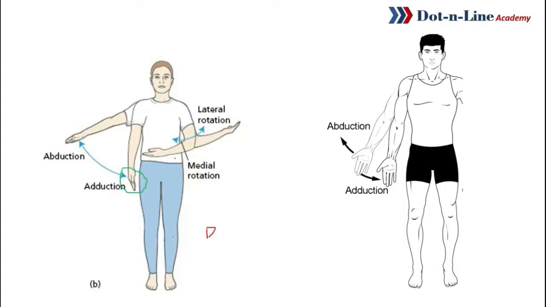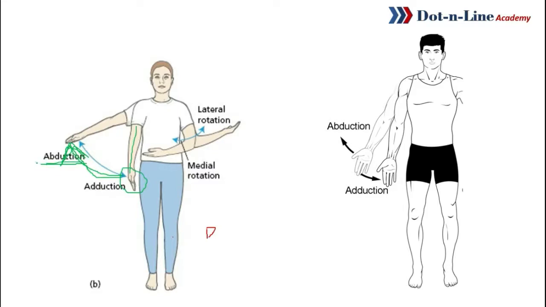It is not the anatomical position, but we can say it is a natural position of the body. When this hand is made to go away from the body, it is abduction. I repeat, when we make this hand move away from the body, it will be abduction.